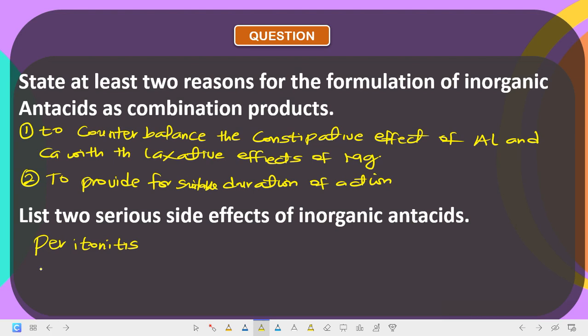Then I think another one is constipation. It can lead to constipation, and it can also lead to alkalosis. Okay, so these are the three side effects of inorganic antacids.